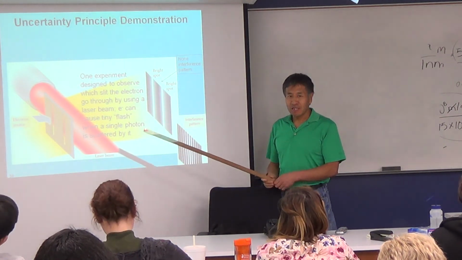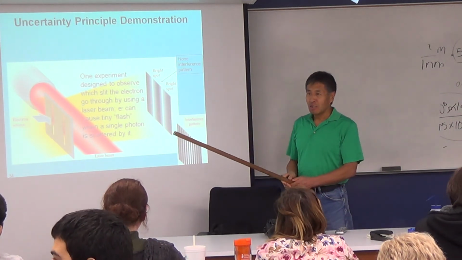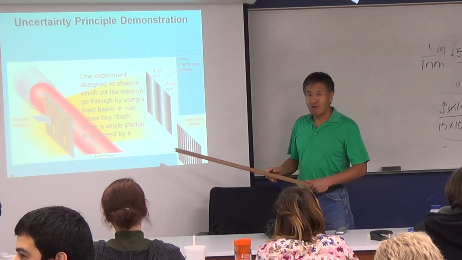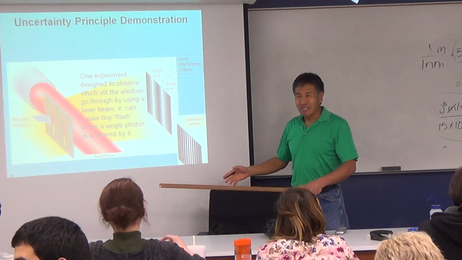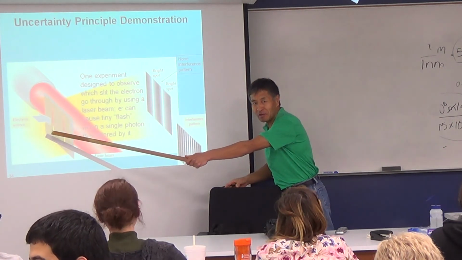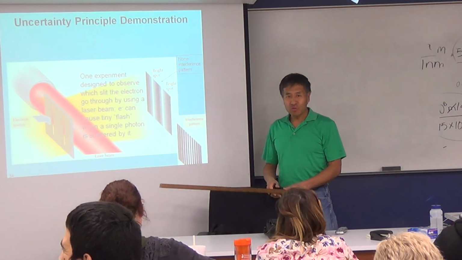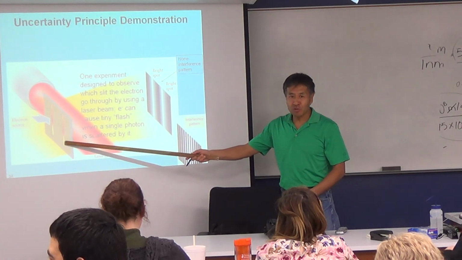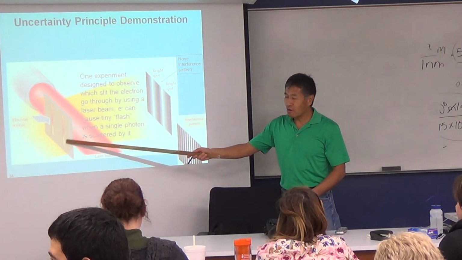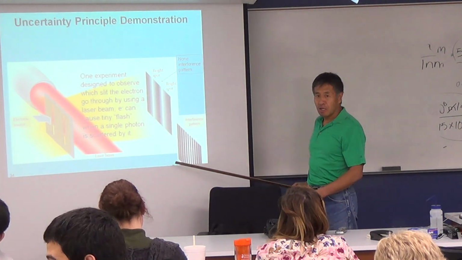You make the electrons go just 1 at a time. You might think the pattern comes from many electrons put together, one coming from here, the other from there, then interfering. But that's not true. Even if one electron goes through at a time, you still get the pattern.